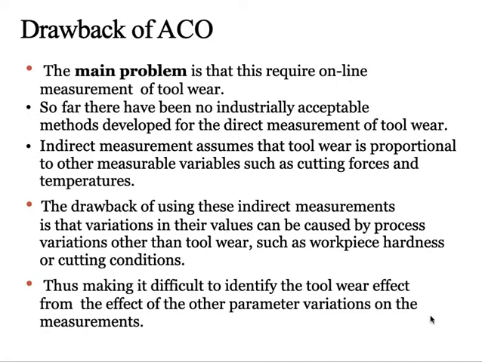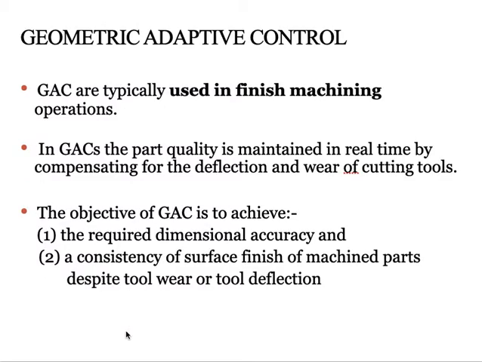If you see the last one, that is geometrical adaptive control, that is GAC, it is typically used in finishing machining operations. In GAC, the part quality is maintained in real time by compensating for the deflection and wear of cutting tools. The objective of GAC is to achieve the required dimensional accuracy and a consistency of surface finish of machined parts despite tool wear or tool deflection.